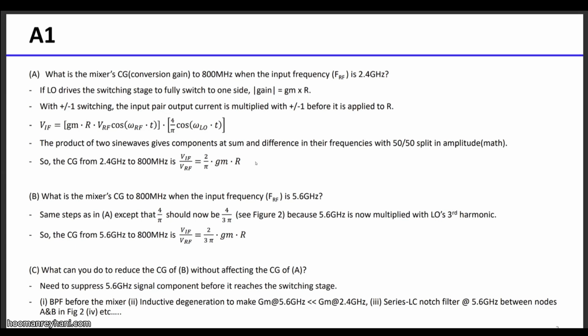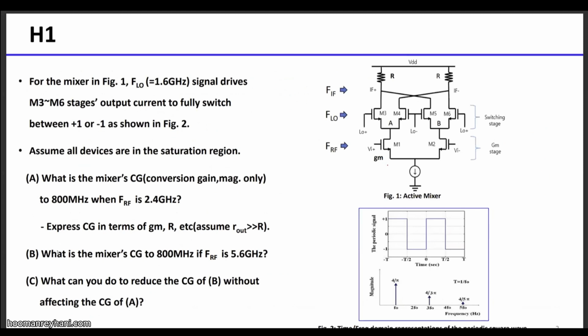So it's pretty straightforward. The second part of the question is, what is the mixer's conversion gain to 800 megahertz if FRF is 5.6 gigahertz? Now, the 5.6 gigahertz component comes to 800 megahertz when the RF signal is mixed with the third harmonic of the LO, 1.6 gigahertz.